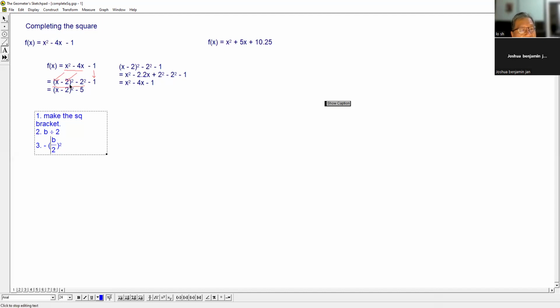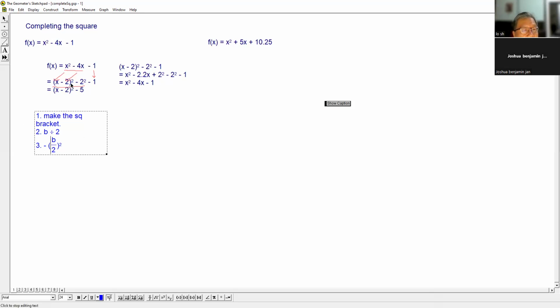Then you have to minus this number here. The 2 here, you minus the 2 squared. Then this one you copy down. Can follow or not? Do you know how to complete the square? Yes. So you remember these 3 steps here.